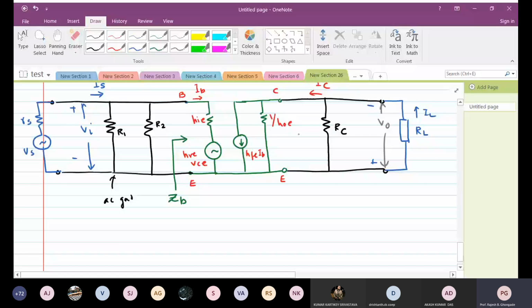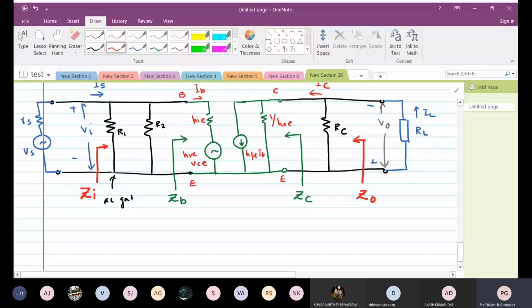Why is it ZB, ZC? These are the device input and output impedances. But over here, what we see is the circuit input impedance ZI. From here, it will be circuit output impedance ZO. Is this concept clear to all of you? This is very, very important.